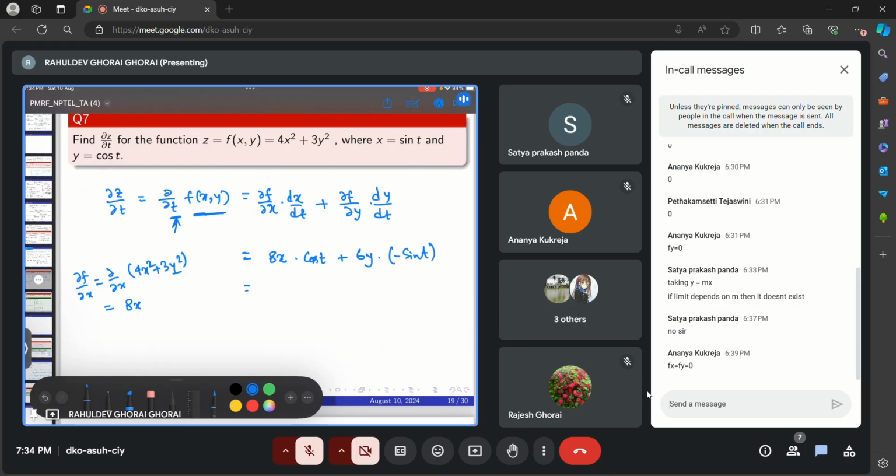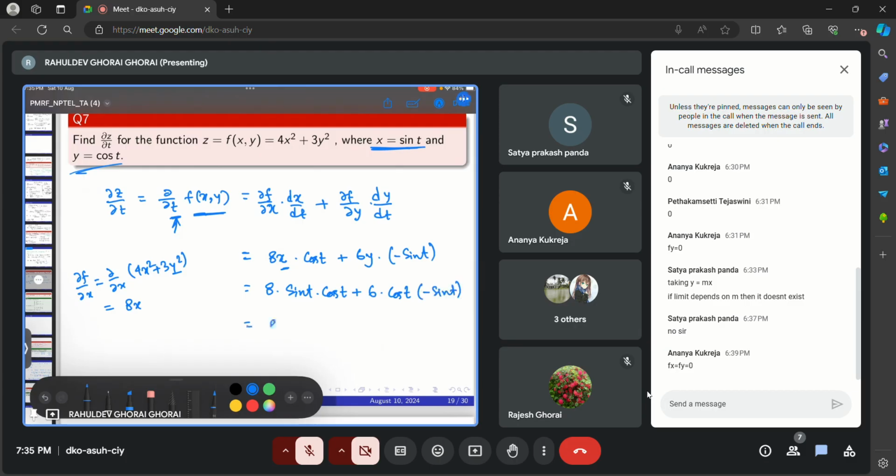Is it okay? Now what is x here? When you are finding del z del t, you should make it depend only on t, because z directly depends on t mainly. So 8 times x, which is sin t, because it's given, and y is cos t, so you can put that, plus 6 times cos t times minus sin t.